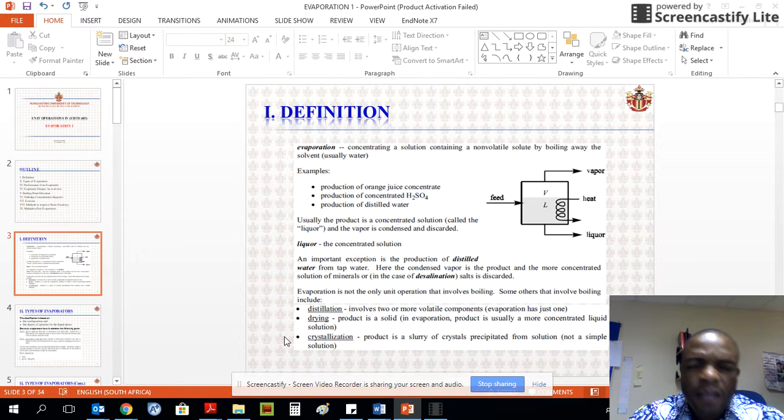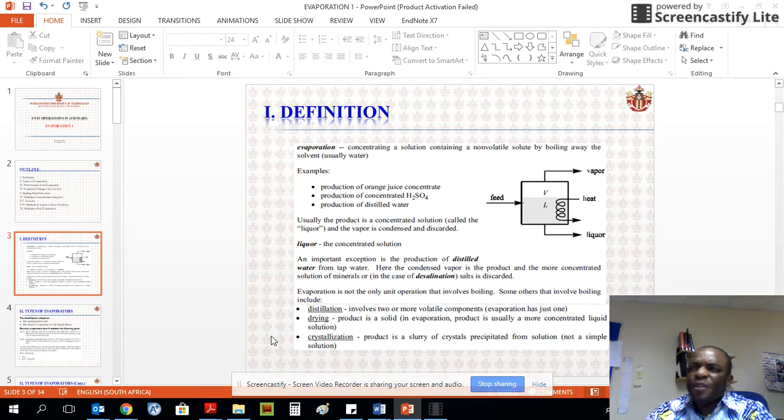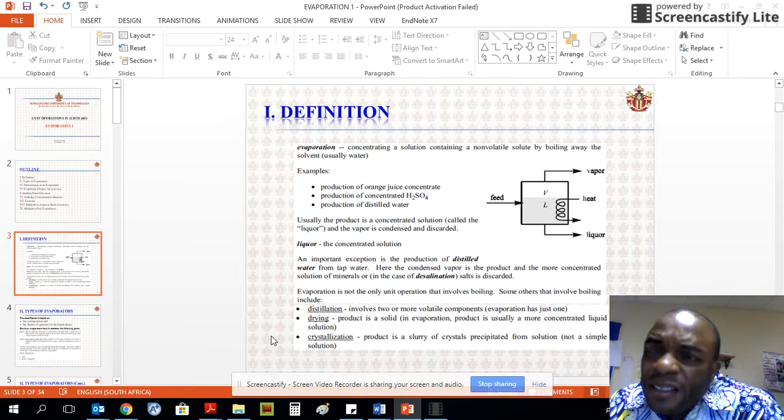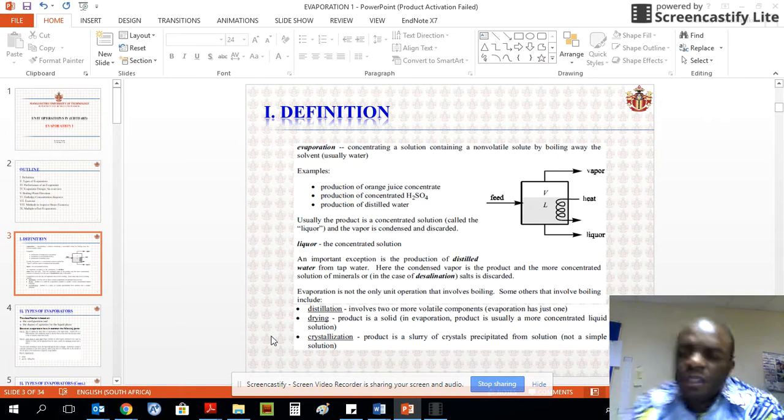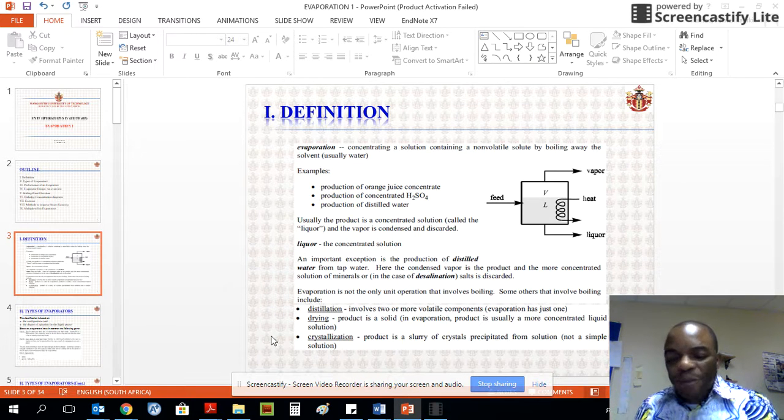Now, there are in chemical engineering some other unit operations which are similar to evaporation. And it's very important for us to distinguish between them. You have, on one hand, distillation. What is the difference between distillation and evaporation? In both cases, we are boiling a mixture, and we hope the more volatile to be converted to its vapor state.